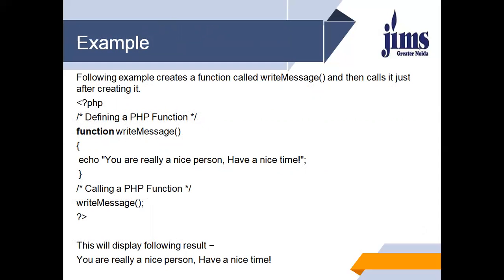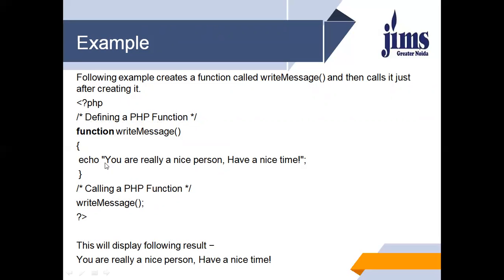The following example creates a function called writeMessage, and then you call it just after creating it. Here you are defining a PHP function: you write the keyword function, then the function name, writeMessage.